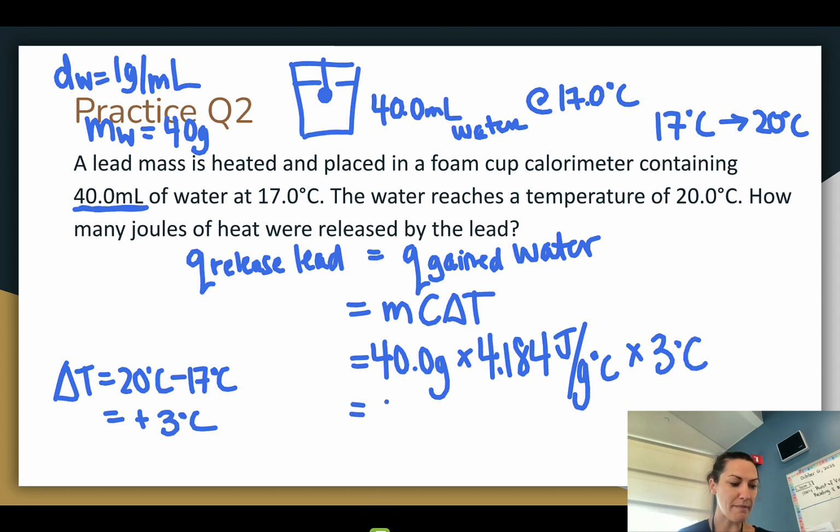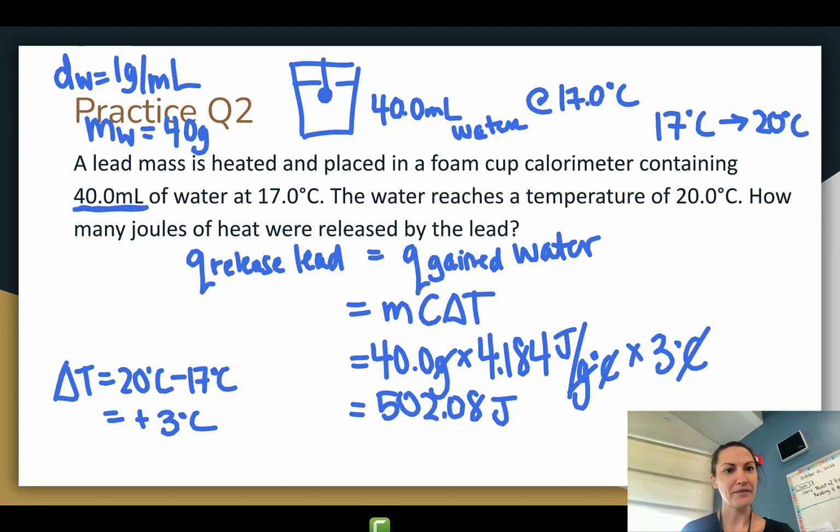When we do our math out, we get a Q value for the release of heat by the lead of 502.08 joules. Notice our grams cancel out, numerator, denominator. Our degrees Celsius cancel out, numerator, denominator, and we're left with joules at the end. All right, thanks so much.